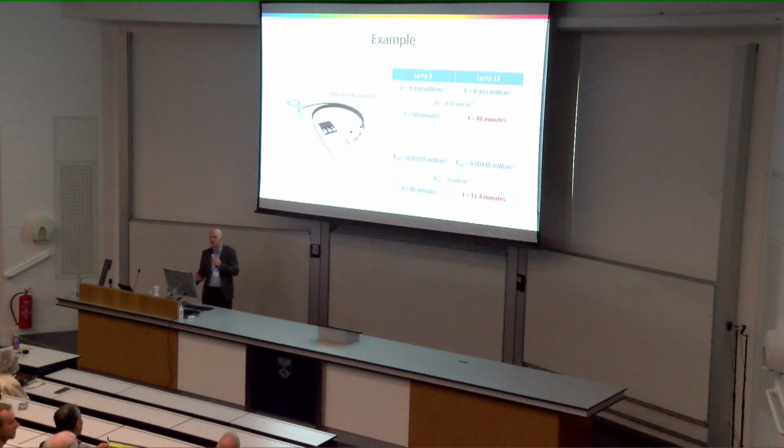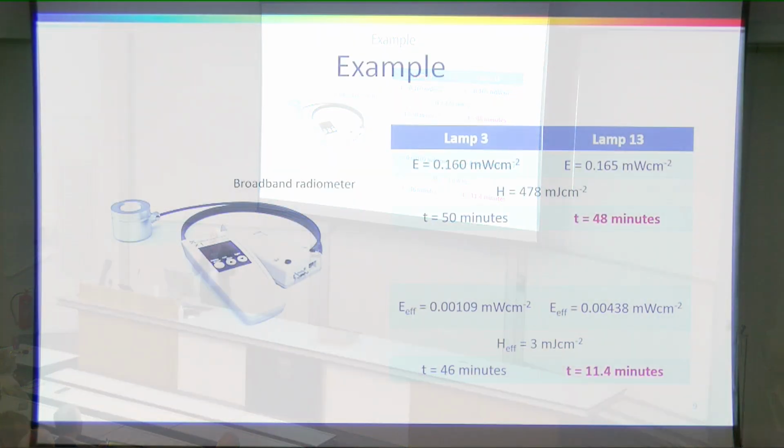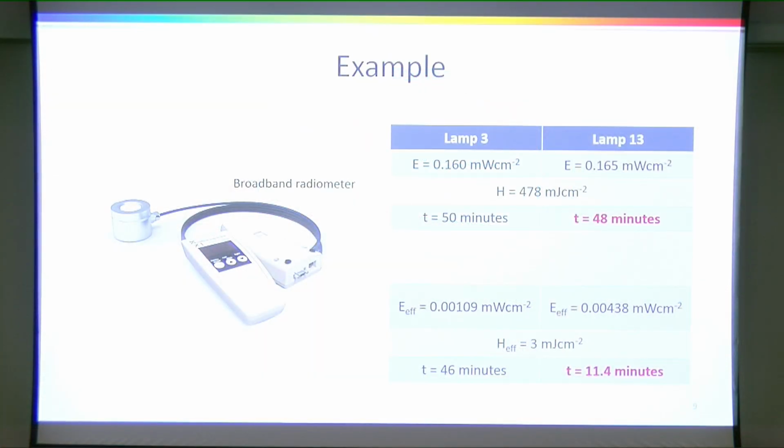And that means that when you go out into the field and you've only got your broadband radiometer, a calibrated broadband radiometer, and I can't go into how important it is to make sure it's appropriately calibrated, but there was a talk last year from Mike Clark on calibration, so you can look at that, but it has to be calibrated. And then you can measure the irradiance with your calibrated radiometer. So let's now take the example from previous, but substitute in the lamp exposure limit for these two lamps.